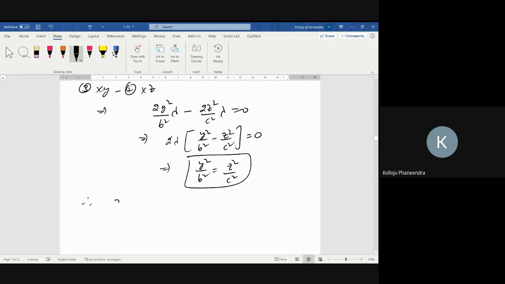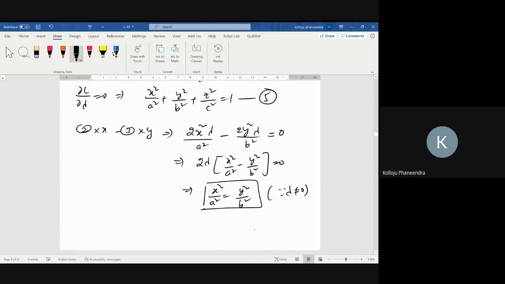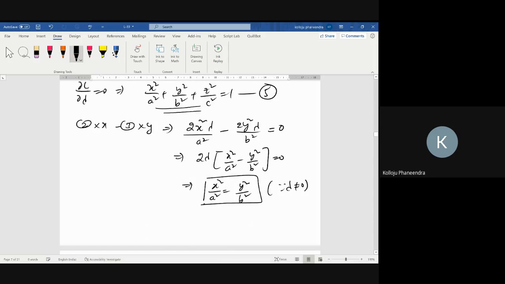Therefore, what we have? X square by a square equals y square by b square, and y square by b square equals z square by c square. Substitute this in the last equation. What is that equation? Ellipsoid, this condition, equation 5.